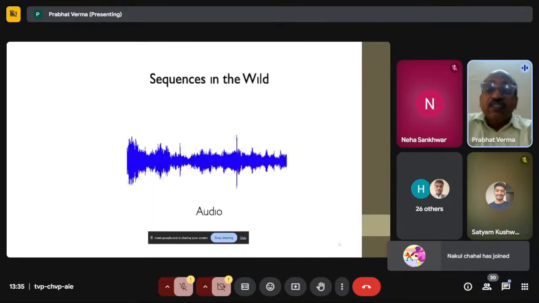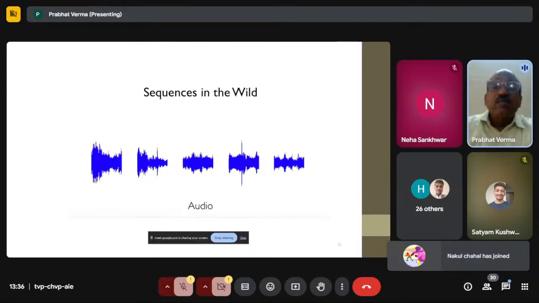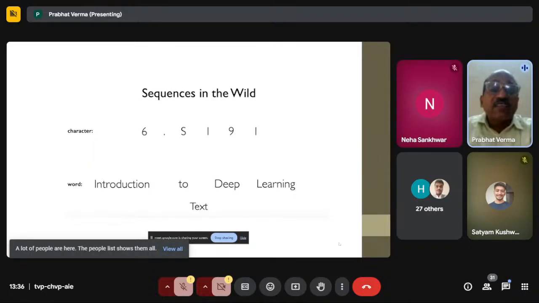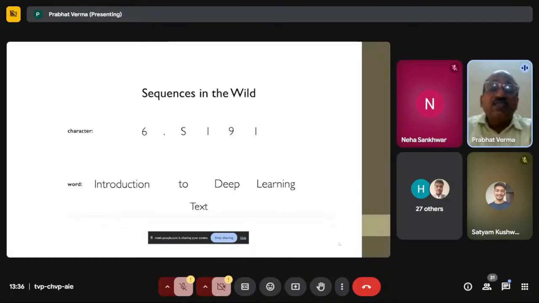Similarly, sequence is there in any text: sequence in characters, sequence in words, sequence in sentences. So sequence does play a very important role.